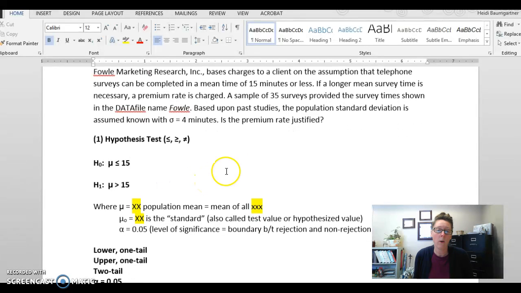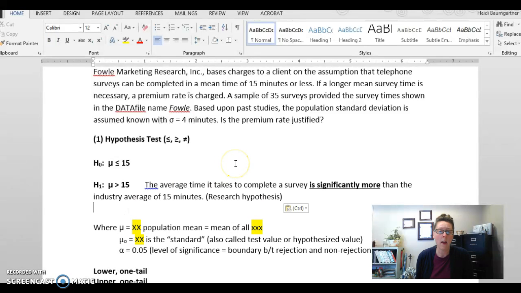Now, we want to actually write this out, not just leave it alone with this, because that doesn't really explain what you're seeing or what you're trying to show if anybody's just reading this. For your hypothesis, we're going to start again with the alternative hypothesis: the average time it takes to complete a survey is significantly more than the industry average of 15 minutes. It's our research hypothesis.